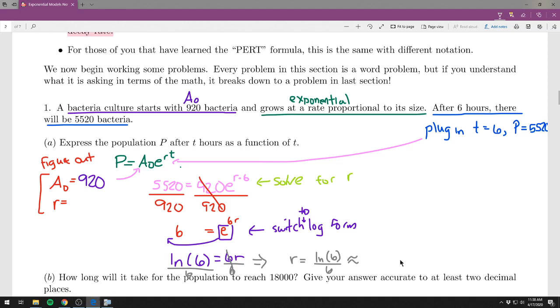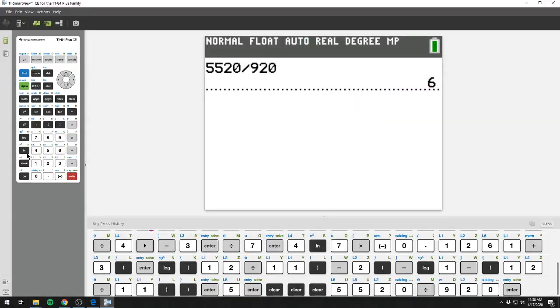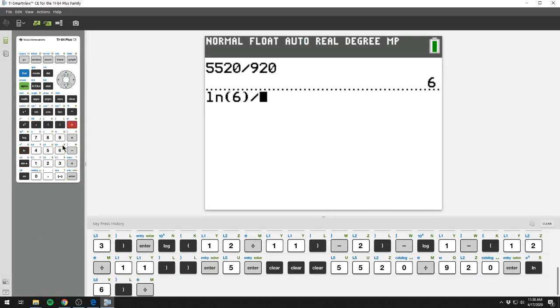All right, but there's always a concern when you round here that you're not rounding far enough. So if you look at the other part of the problem here, it says give your answer accurate to 2 decimal places in the next part. I'm going to round this to 4 spots, just make it plenty far. The ln of 6 divided by 6 is 0.2986.